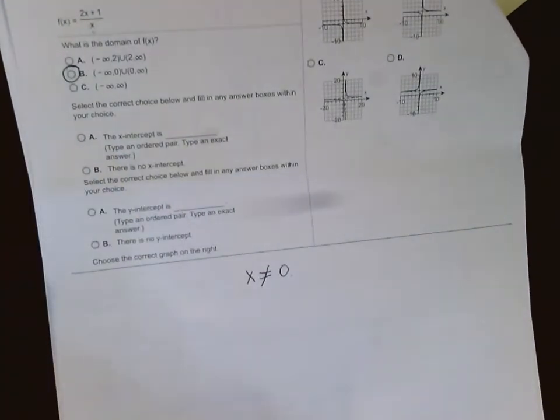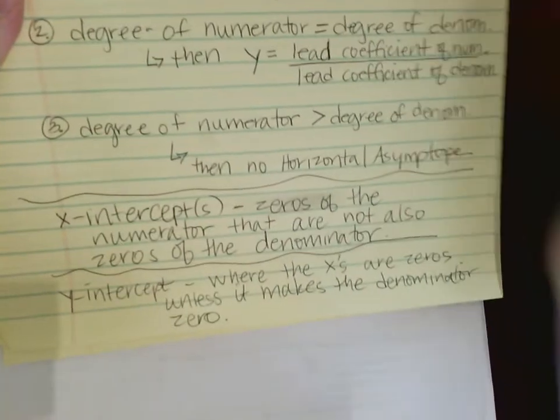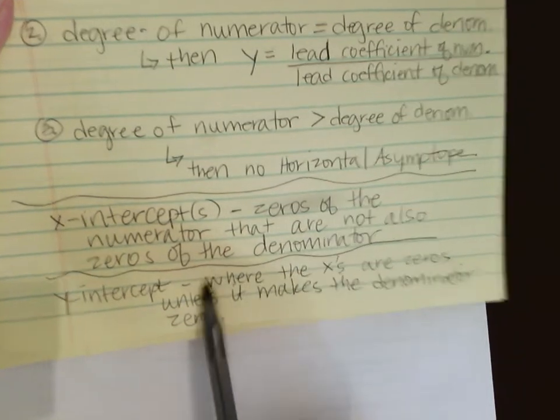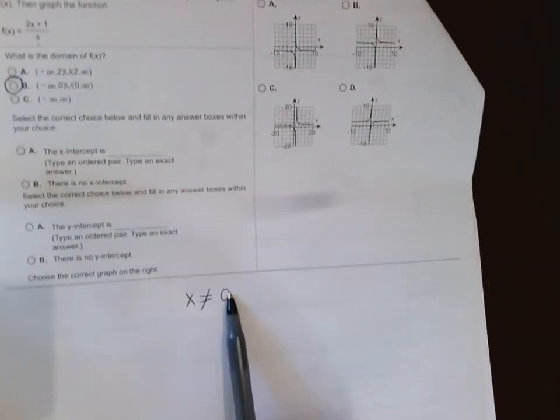Okay, let's see, the X-intercept. If you go back to our notes, let's see what we have for X-intercept. Zeros of the numerator that are not also zeros of the denominator. Well, we know the zero of the denominator is 0. We just found that out.